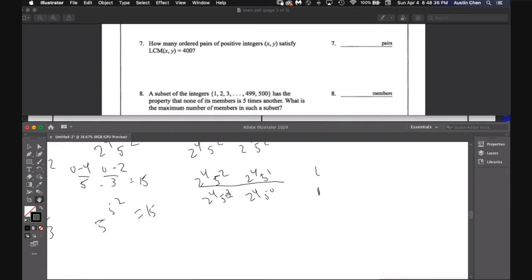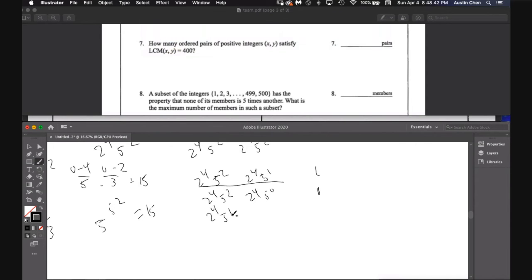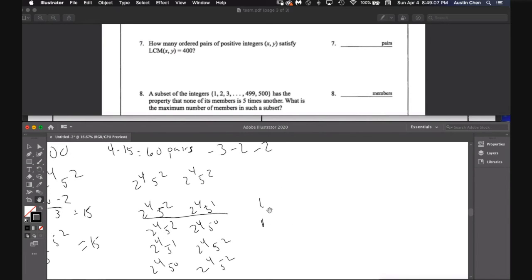But you can also see that we could flip this 5 squared over here, right? We can have the x instead have the 5 to the first and the 5 to the 0, with the y having 5 squared. And then these are different cases. We've overcounted them differently, so we'll need to subtract those two overcounts as well.